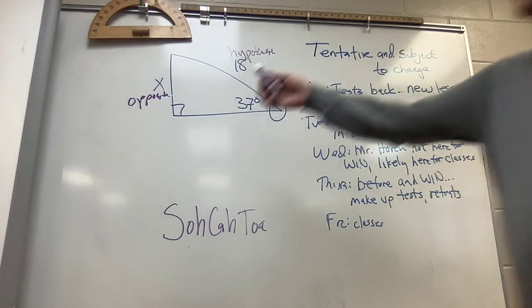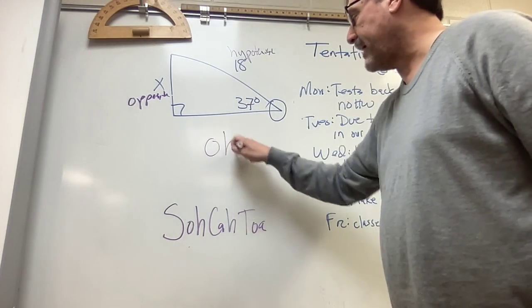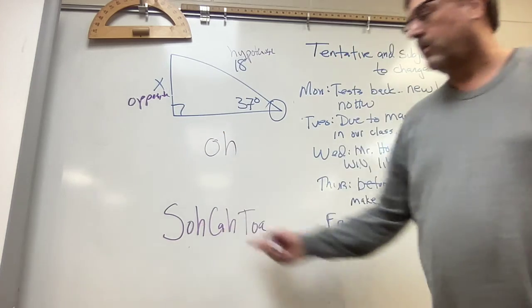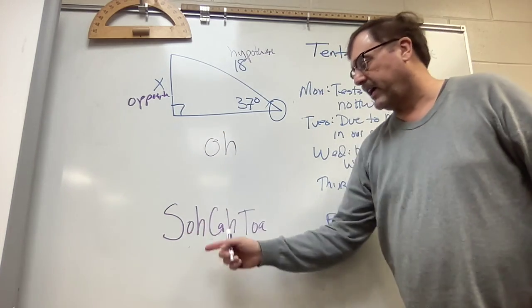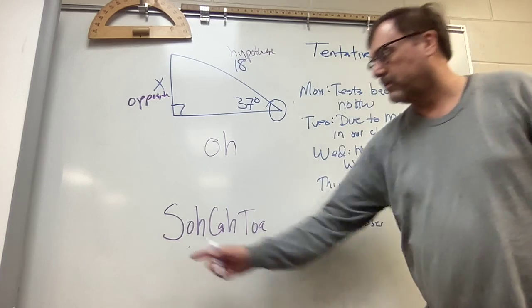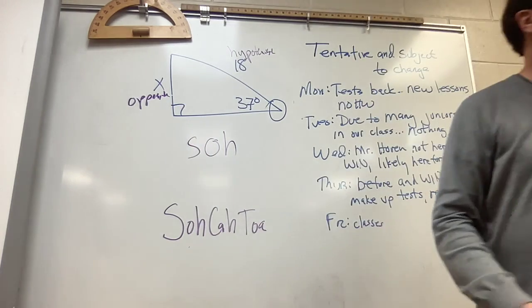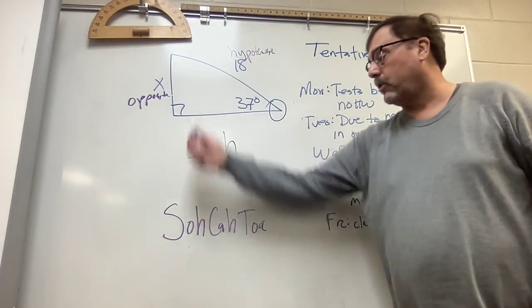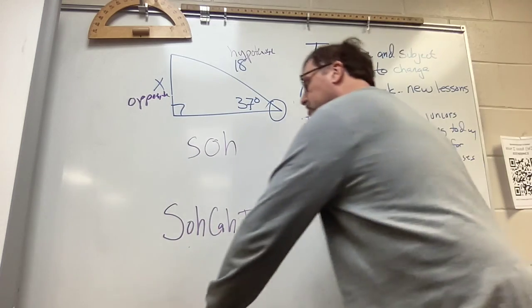So on this problem, we know O and H. Which one uses O and H? Sine, cosine, or tangent? Sine. Does that make sense? This problem is dealing with O and H. Cool. We're going to choose sine.